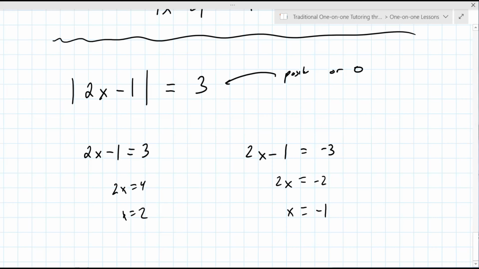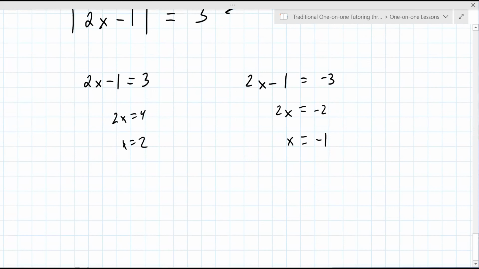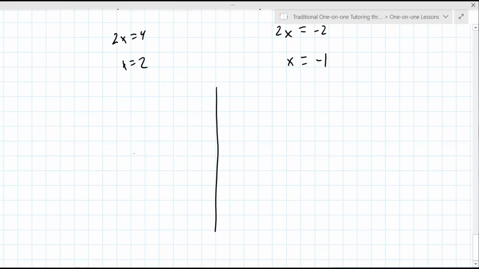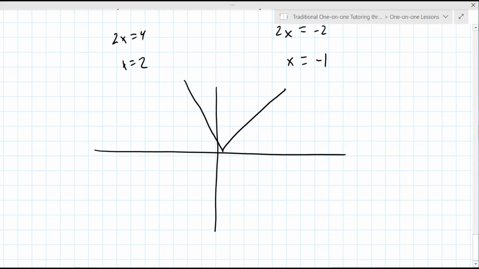You're asking for the geometric interpretation of this, is what I'm hearing. I think so. Okay, so if I make a really crude graph of this, 2x minus 1 looks like this, and y equals 3 is here. It hits there, and that's at negative 1, and that's at 2.